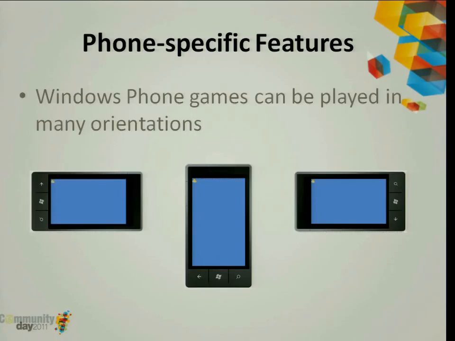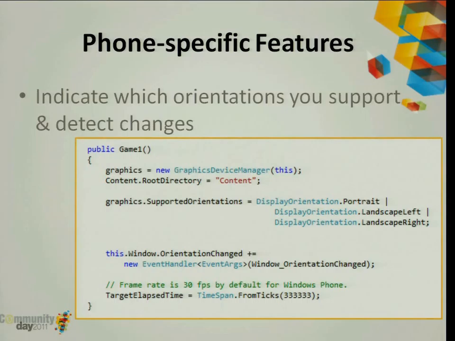Not all games support this, but you can tell XNA which orientations you support. You can do this via the 3rd line in the Game1 constructor. There you say graphics.SupportedOrientations equals, in this case, all possible orientations. So you can play the game holding your phone however you want.